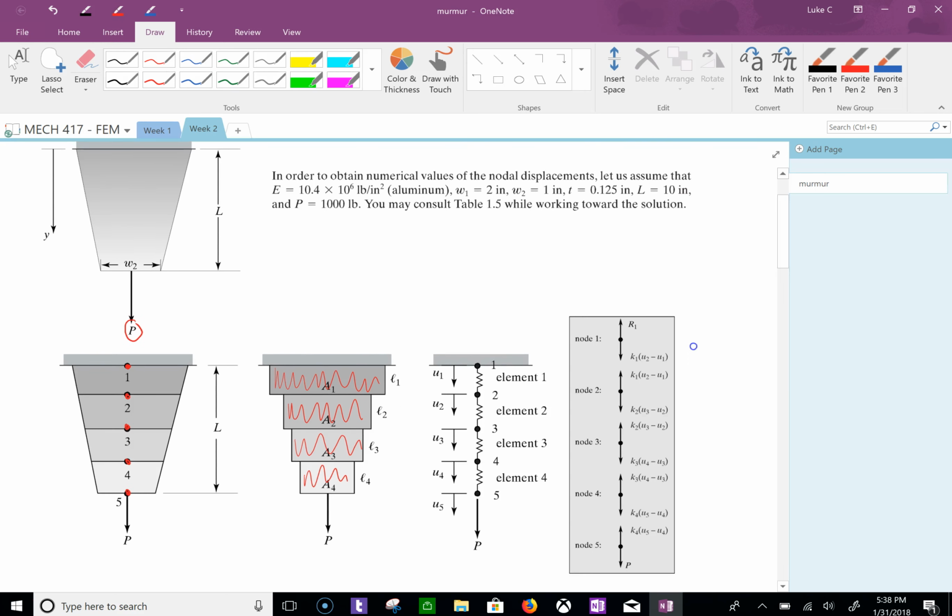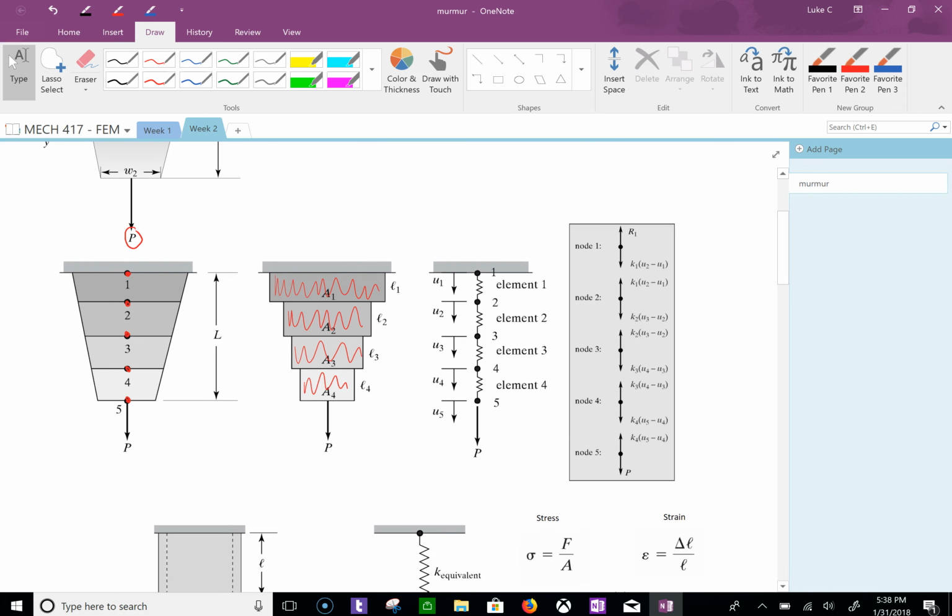Okay, so I did over here on the right a free body diagram at each node. You have a reaction force at the top, and then, because it's like a spring, we cut it in the middle of the element, and you have this force right here, K1 times (U2 minus U1).